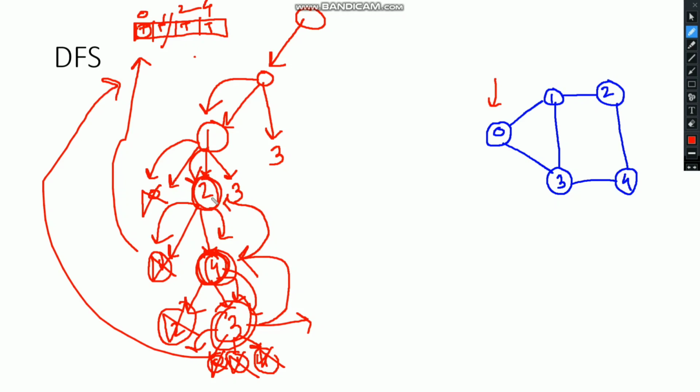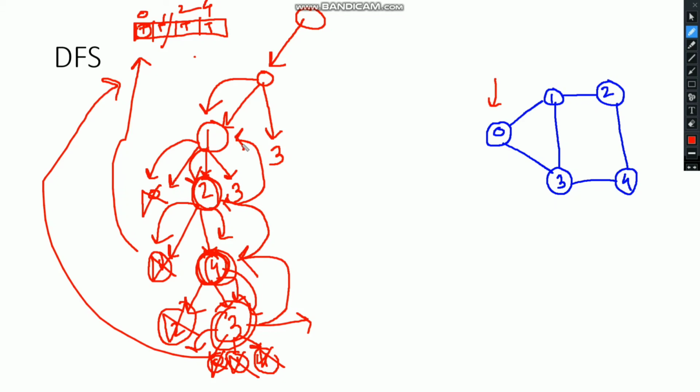Now from 2, we have already visited all its adjacent vertices, 1 and 4. There are no unvisited vertices left from vertex 2. So again, we will move from vertex 2 to its caller.